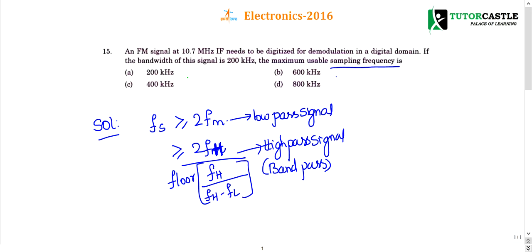I'll explain what this is all. First let me solve this question, then I'll discuss all this in the extension.